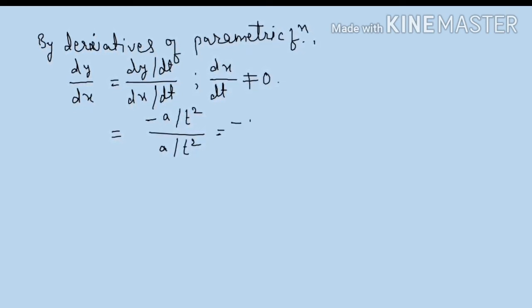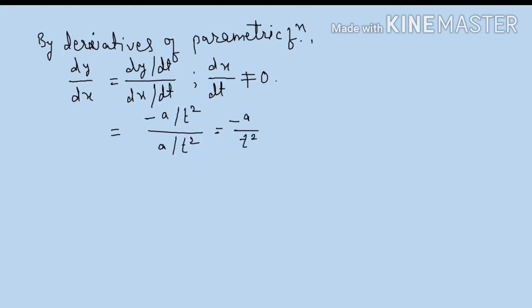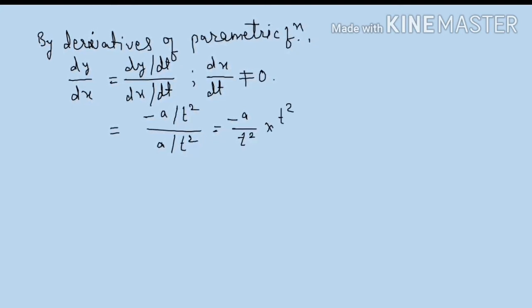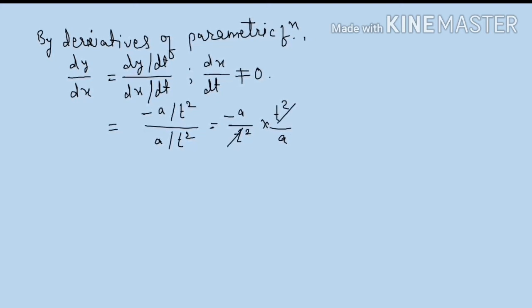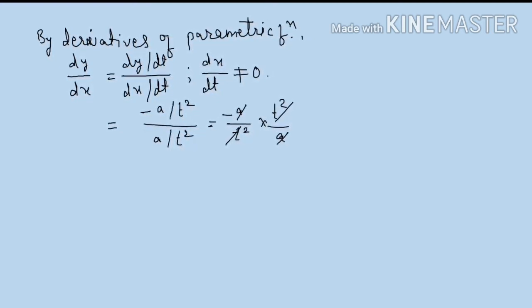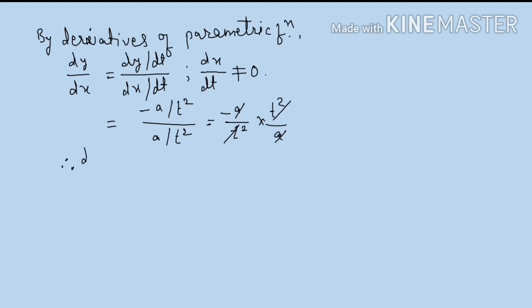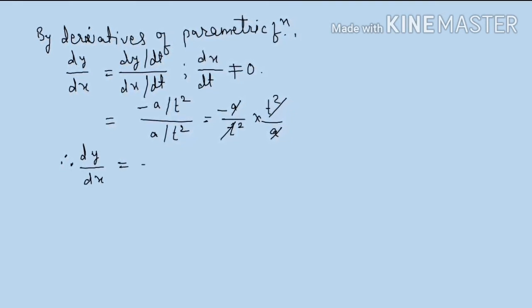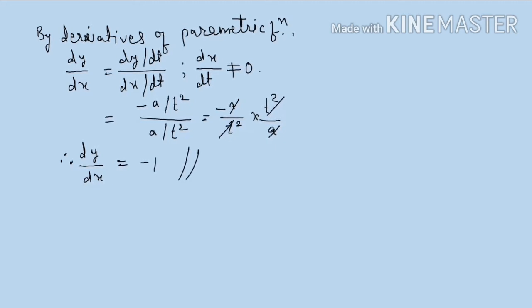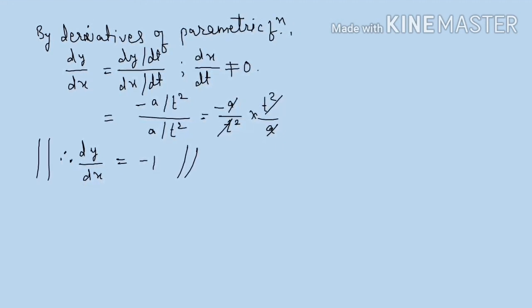So you get minus a upon t square into t square upon a. So t square gets cancelled, a gets cancelled. Therefore dy by dx is equal to minus 1. This is your final answer. This is what we have to prove. So we'll write hence proved. Let's move to the next sum.